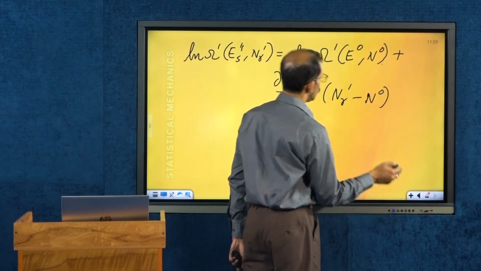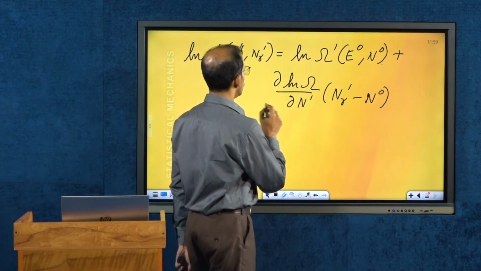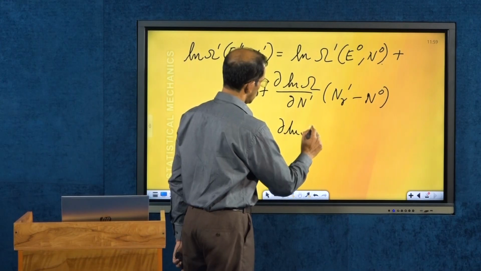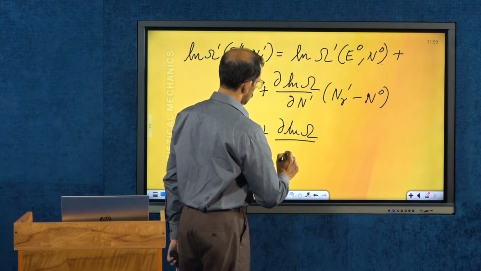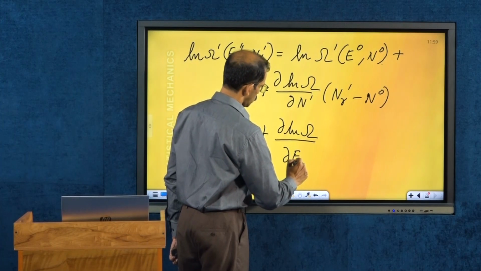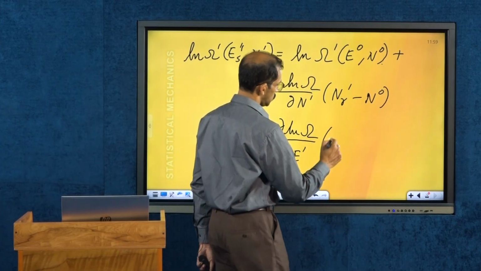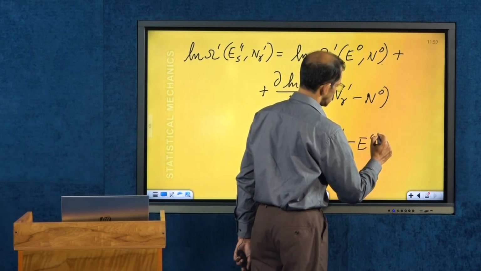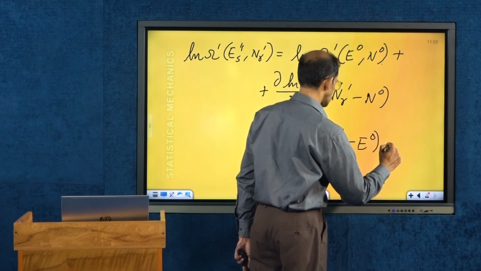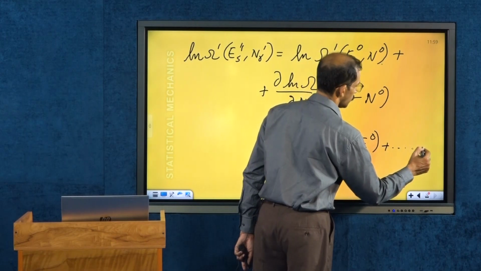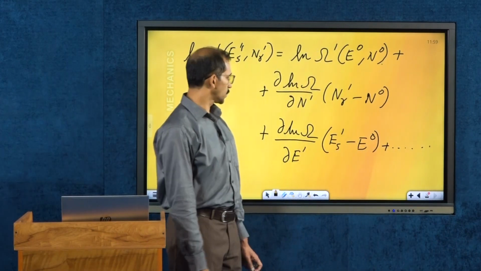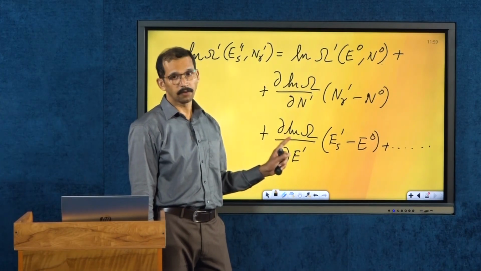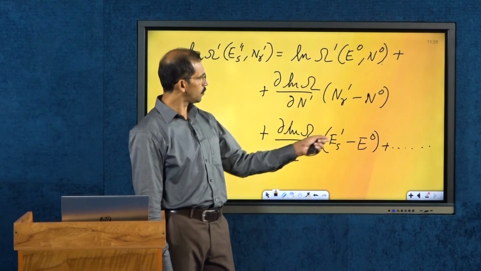So, therefore, we have to put that over there, plus dou ln omega by dou E dash, Es dash minus E0, plus etc. So, here we are taking only the single differentiation, and therefore, we can continue with that.